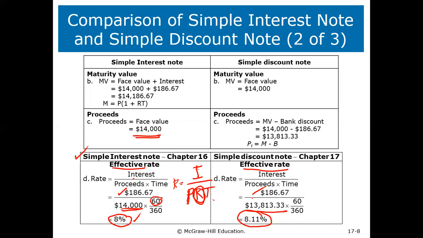Okay, I hope the concept is clear why lenders would want to lend using the simple discount manner, because they earn more interest in effect as compared to just the simple interest.